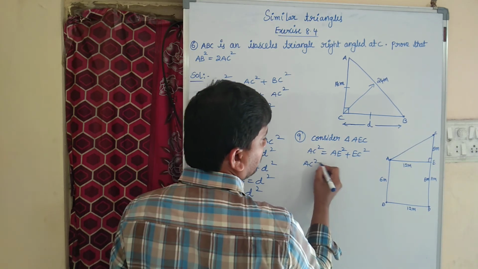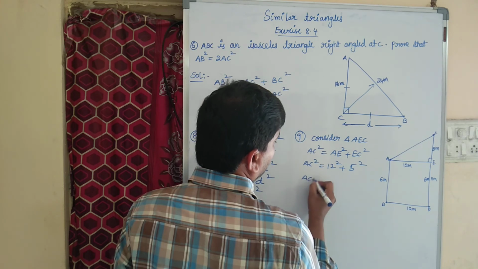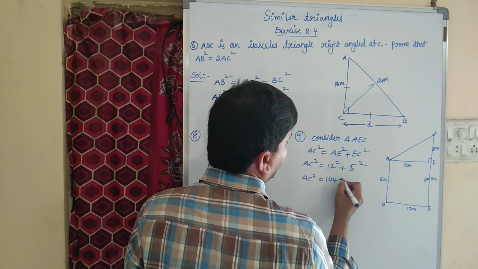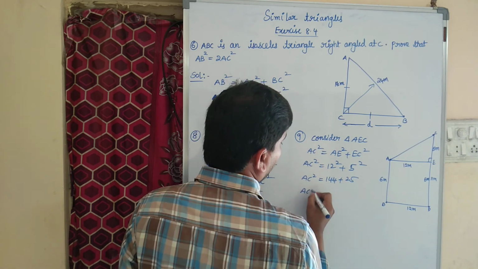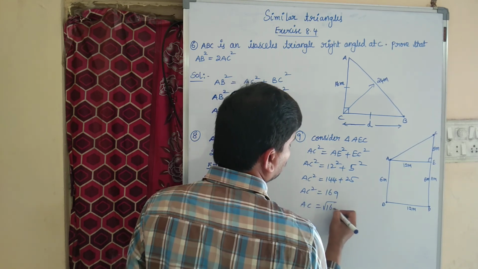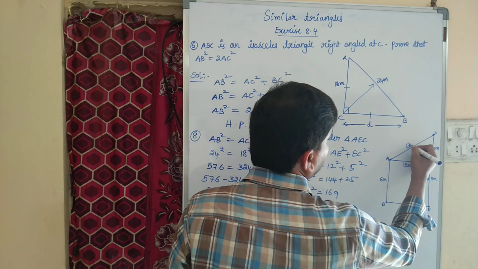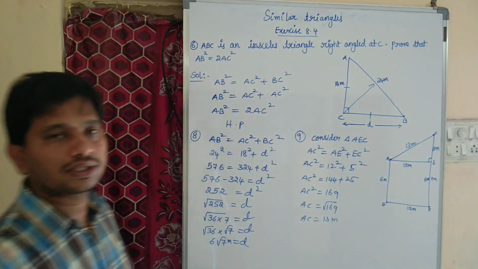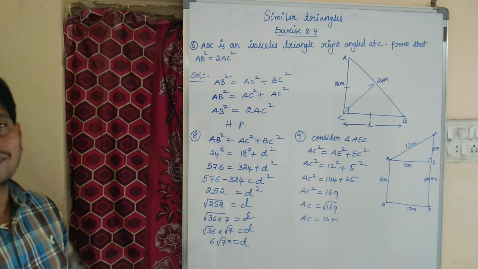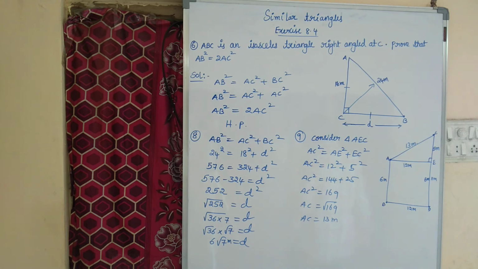So AC square equal to, AE is 12 and EC is 5. So 12 square 144, 5 square 25. 144 plus 25 is 169. So square you transpose, root 169. What is the square root of 169? 13. So distance between the tops is 13 meters. All three are same method. Everything is Pythagoras theorem only. That is the reason I said I would do all these three problems at once, these are important problems.